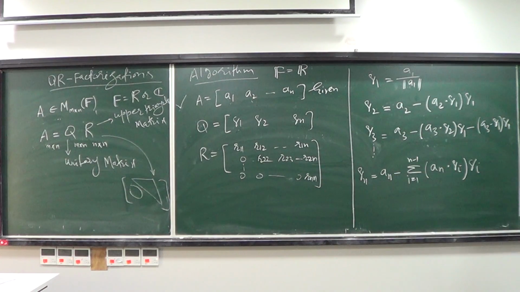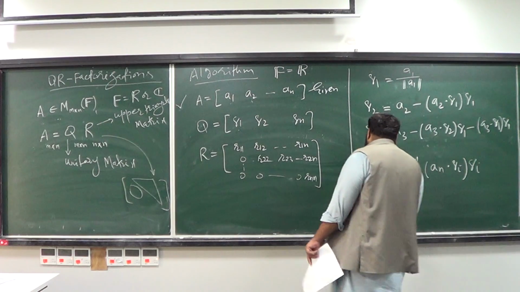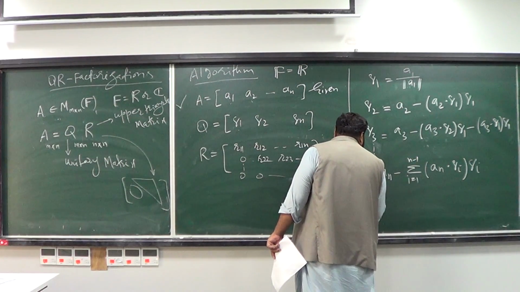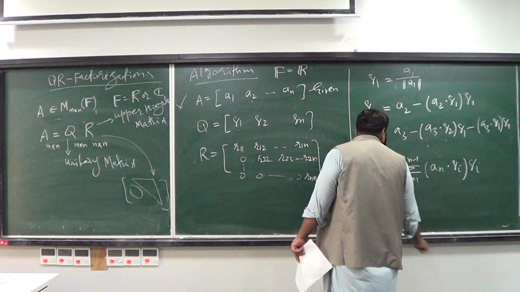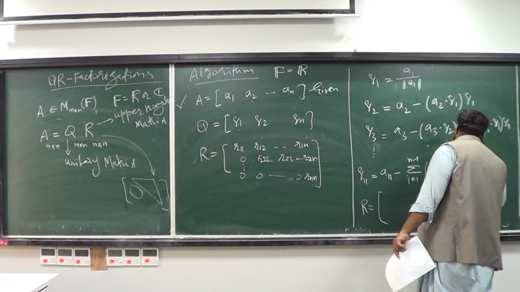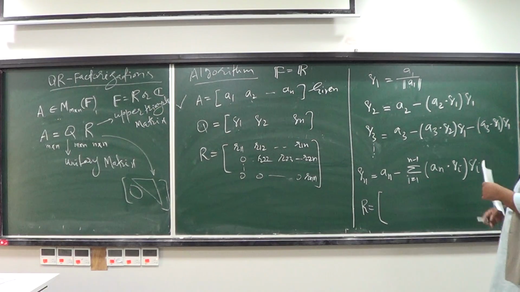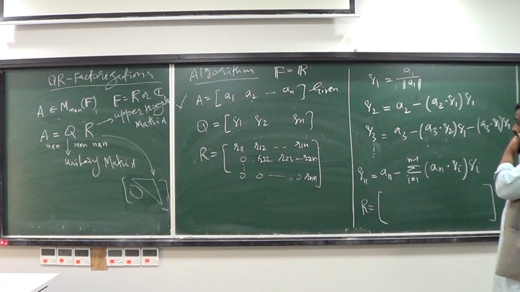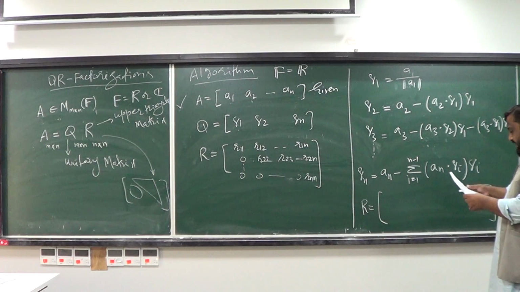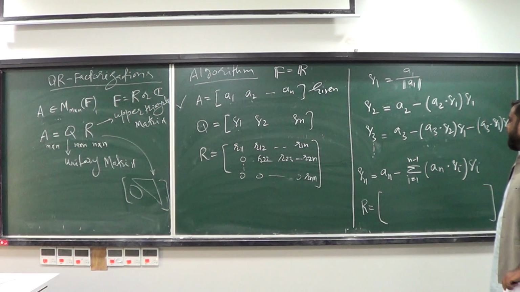Okay. Now, what would be the R matrix? The R matrix is also a matrix that is easy to compute actually. This is very easy to compute. Okay, and it should be computed in this manner.